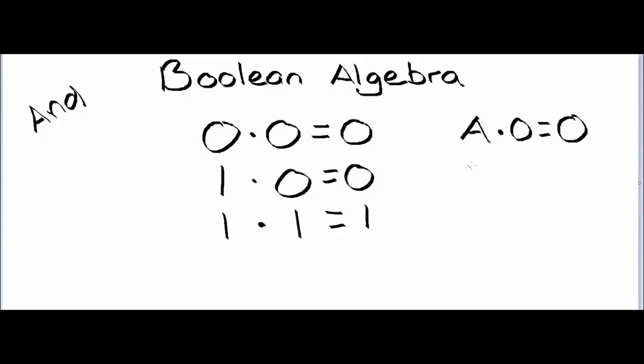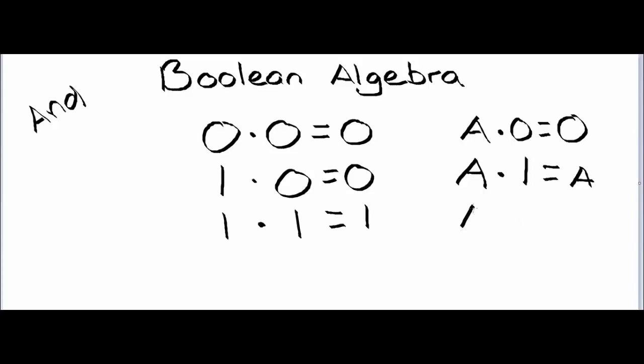In a similar way, we can also say that A multiplied by 1 is always going to equal A. The reason for that is because if A is 1, then 1 times 1 is 1. And if A is 0, then 0 times 1 is 0. So you can see that they match up. So A is 1 and A is 0.